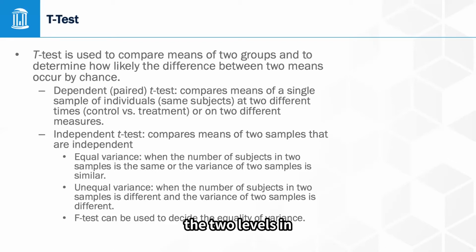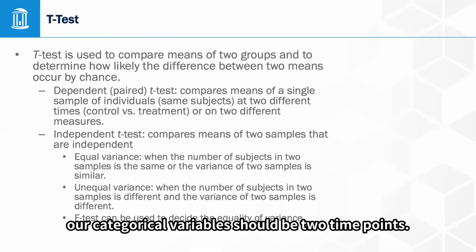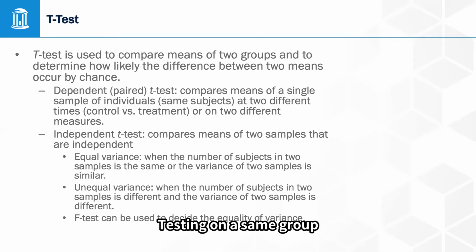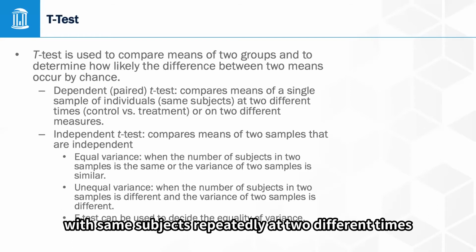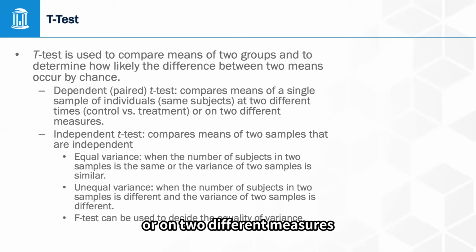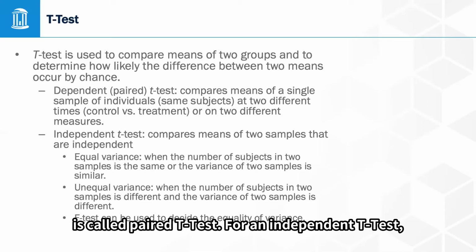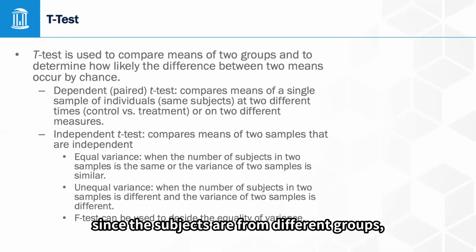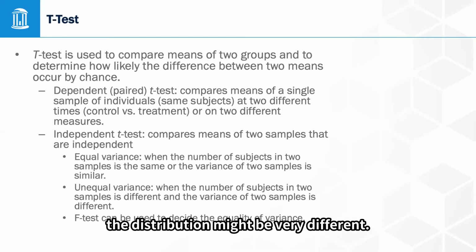In this case, the two levels in our categorical variable should be two time points. Testing the same group with the same subjects repeatedly at two different times or on two different measures is called a paired t-test. For an independent t-test, since the subjects are from different groups, the distribution might be very different.